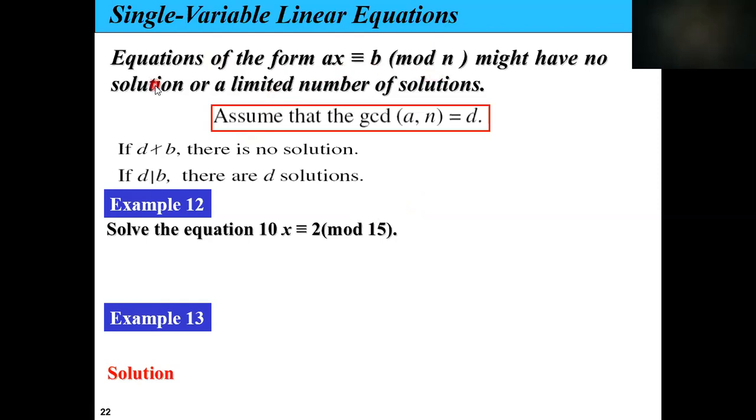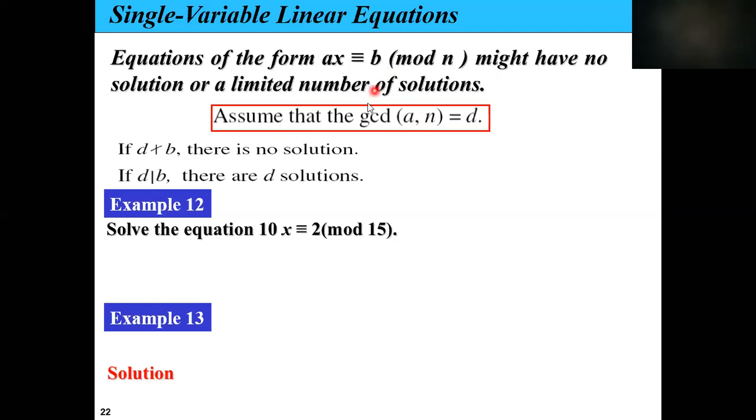It might have no solution or a limited number of solutions. Assume that the GCD of a and n is D. If D does not divide b, that is, if the GCD of a and n does not divide b, then there is no solution to this congruence equation in a single variable. If D divides b, then there are D solutions to this equation.